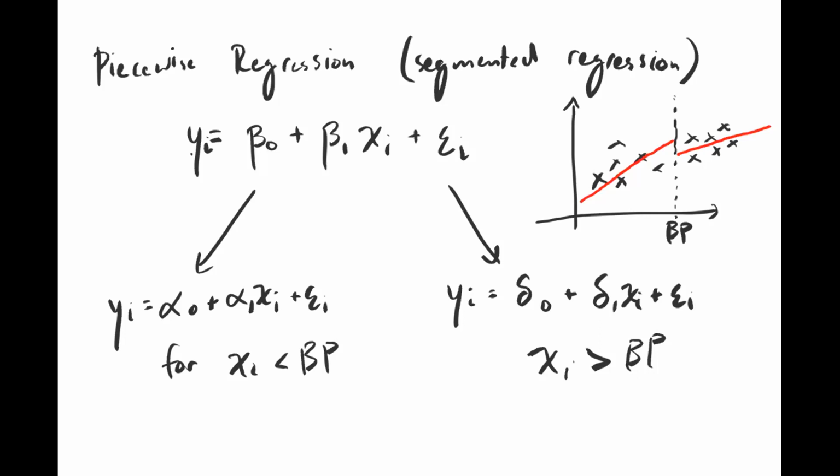Again, the question of, when do I use this? The place that it would make the most sense is if you literally had a breakpoint in your data and they were linear on both sides in different ways. That's when the functional form would match what this model is doing.